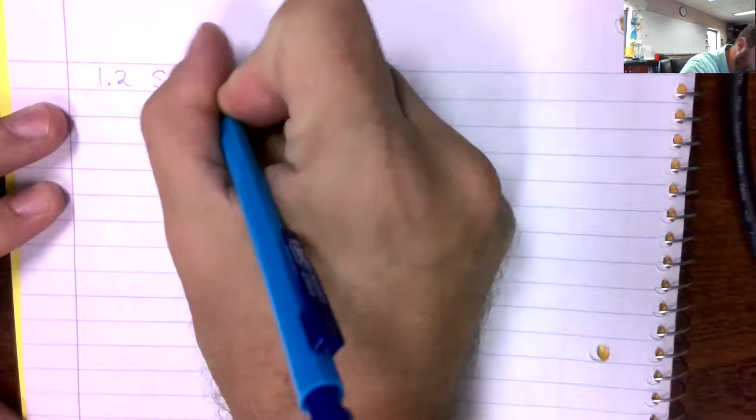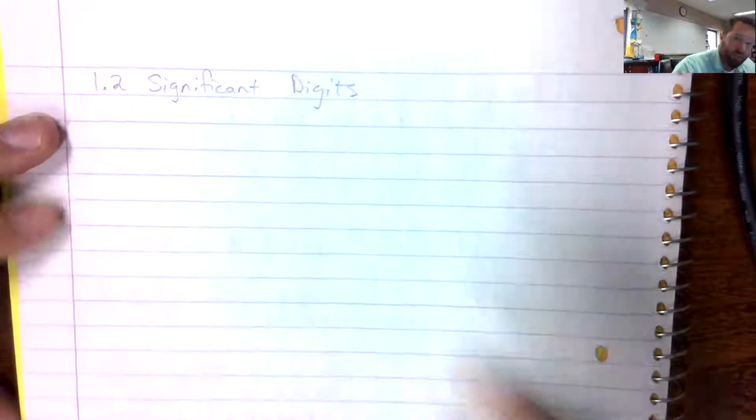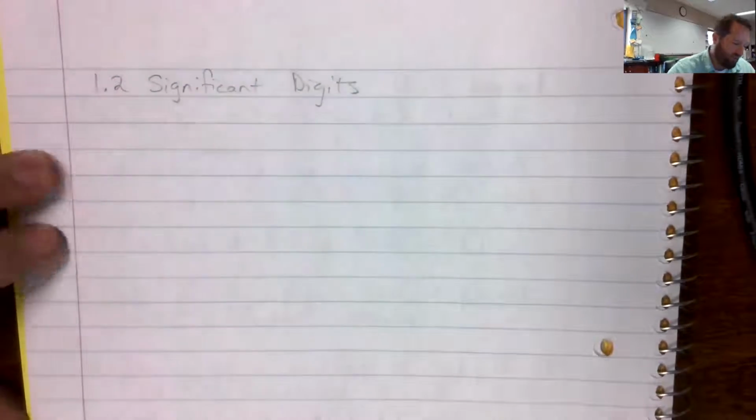So here's where we left off. Working with derived units. Turning the page here. Today, we're looking at significant digits.